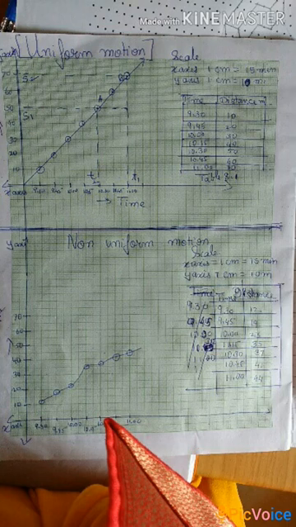The line is of straight type. That means it is a type of linear graph. Whenever an object is in uniform motion, the graph you draw will come in the form of a linear graph only. Linear graph means what? The line of the graph which you have plotted will be straight.